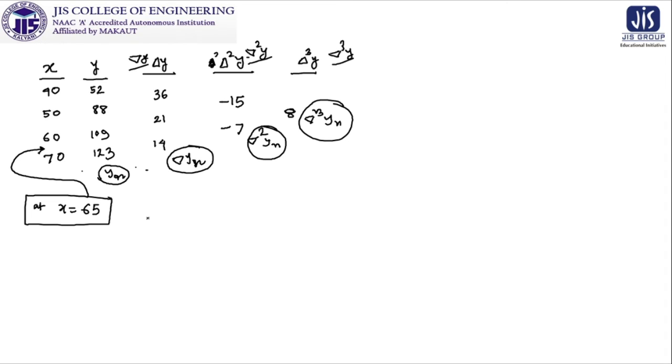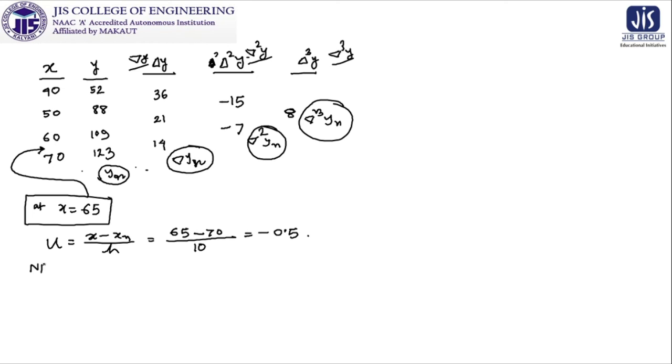First of all, we are now going to find out u, and u is equal to x minus xn by h. So here x is my 65, xn is 70, and h is 10. So what we are getting? Minus 5 by 10, that is minus 1 by 2, that is minus 0.5.